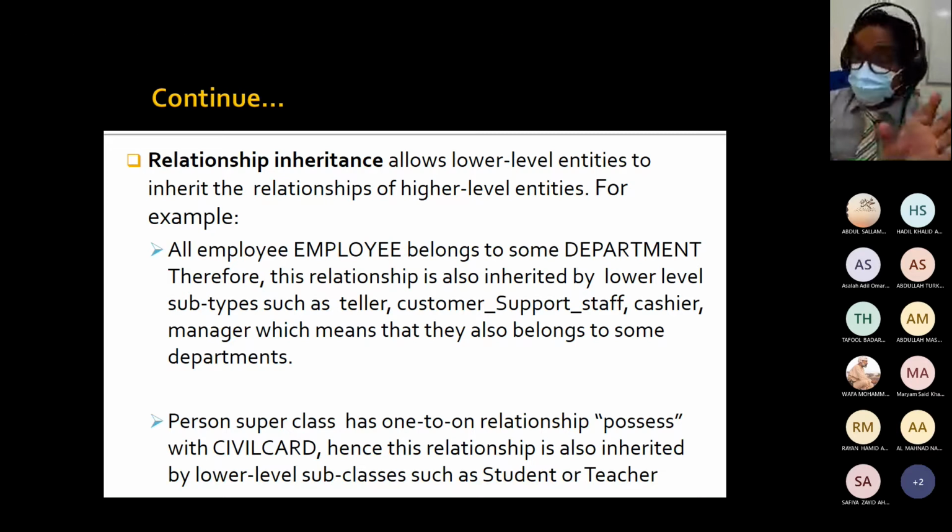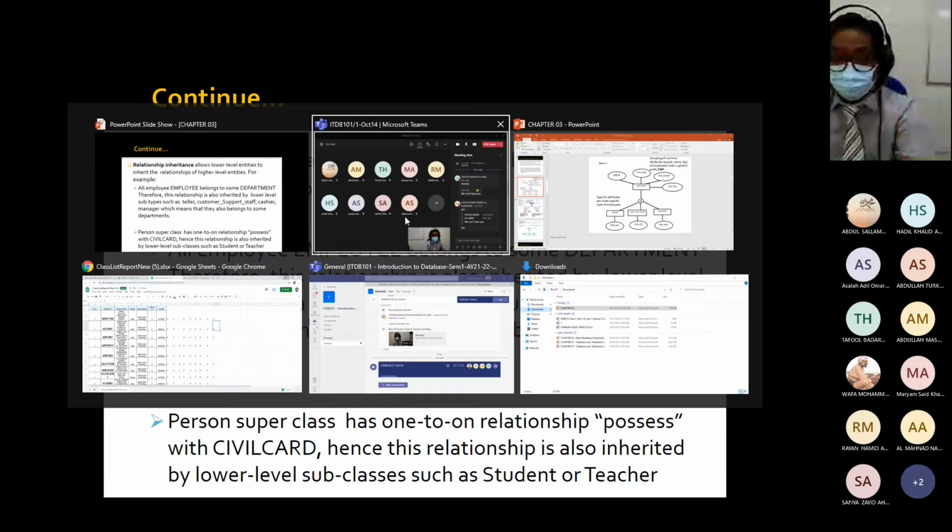But each employee might have a relationship to a certain entity, which is department. So if you remember the review in chapter 2, it could be a degree of relationship or the cardinality. One employee should be in one department, or many employees would be in one department. So one department to many is pretty much one to many. That's the minimum and maximum cardinality.